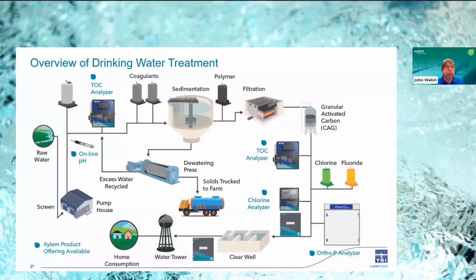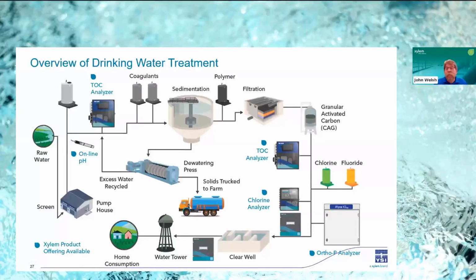So back to our schematic of a treatment system. I spoke about the TOC analyzers earlier being up in the front end. On the back side, where the water is going out of the plant, there's 2 possible best locations for an online THM analyzer.